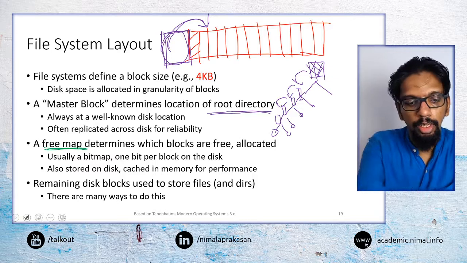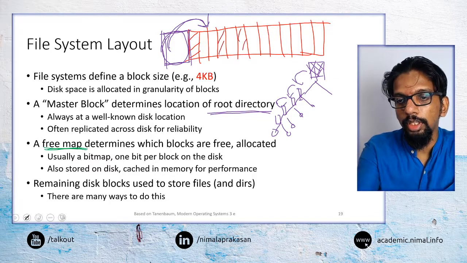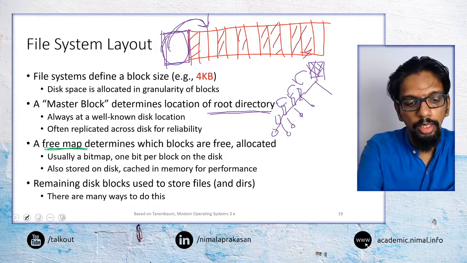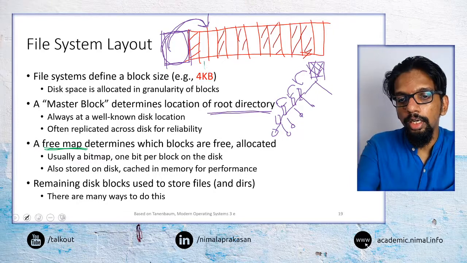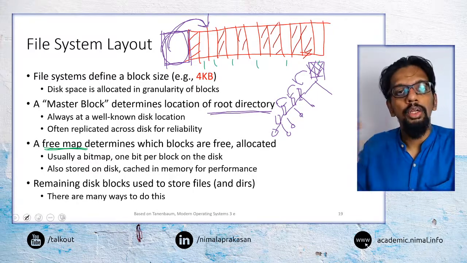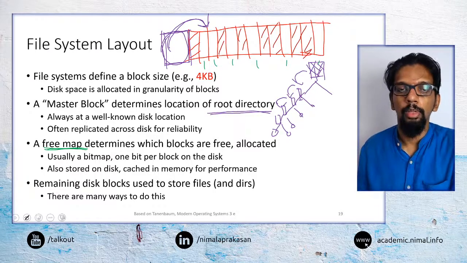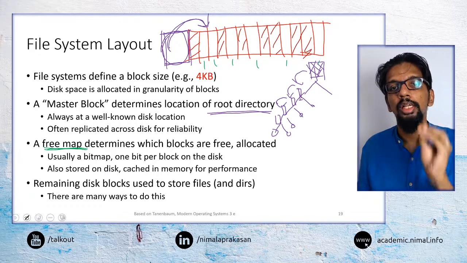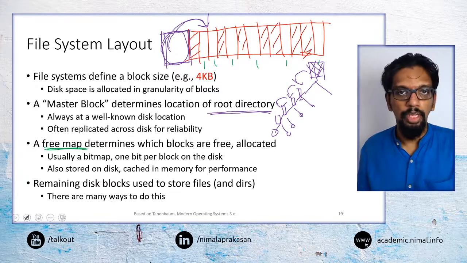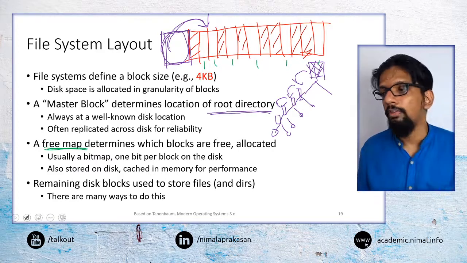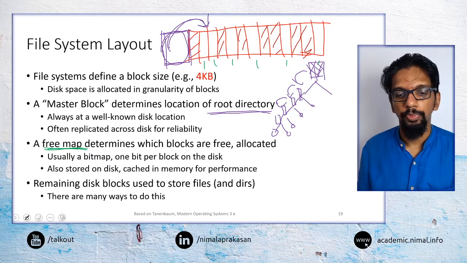Say, if in this storage medium we have used some of these spaces to store files, the free map would identify which spaces are freely available and new data can be stored in them. If a new process needs to store some information, the file system will check the free map to identify the free spaces, and then store the information there.